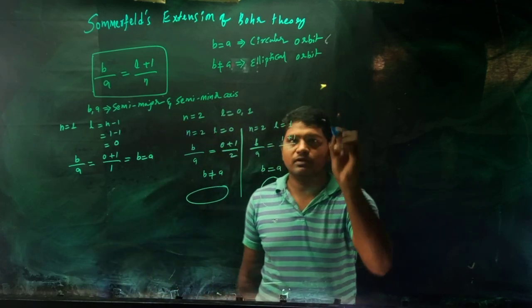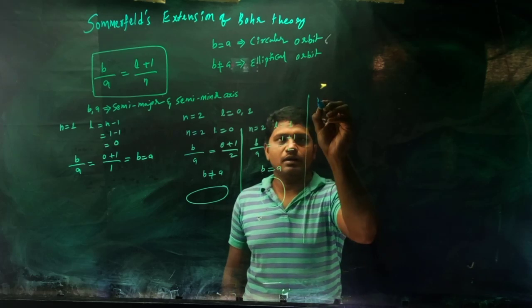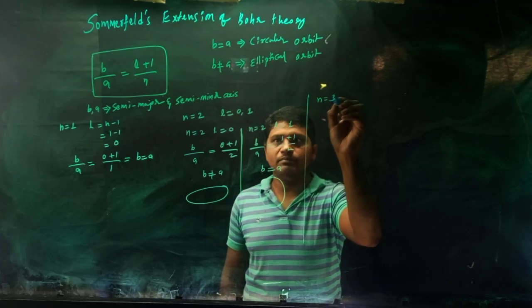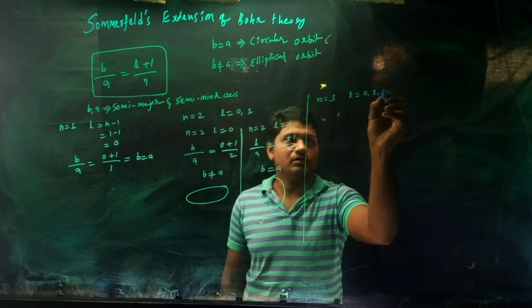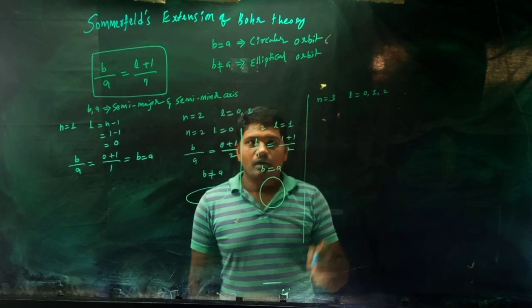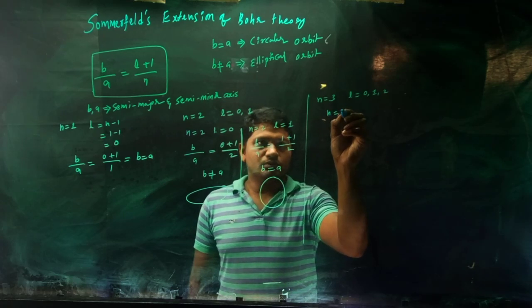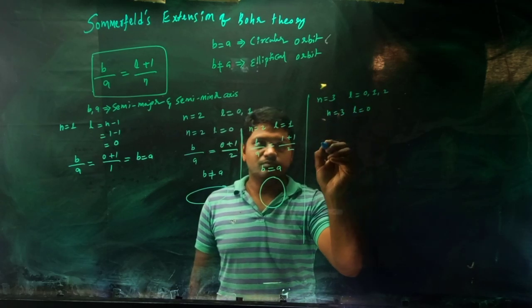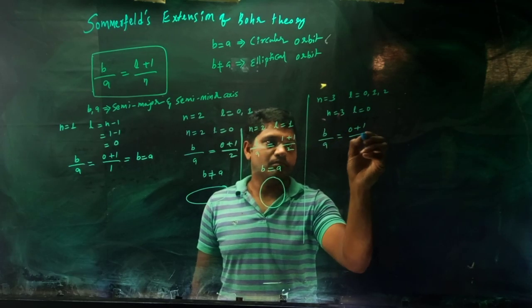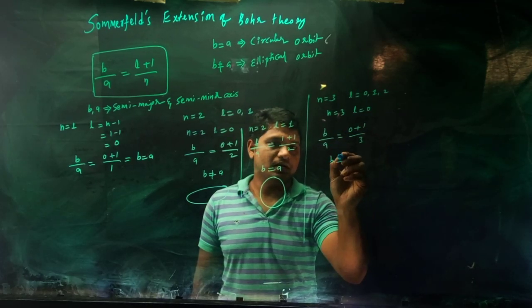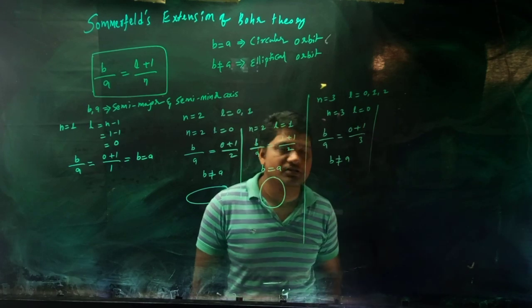Next, n equals 3, and the l values are 0, 1, 2. When n equals 3 and l equals 0, b by a equals 0 plus 1 by 3, so b is not equal to a. This is the first condition.